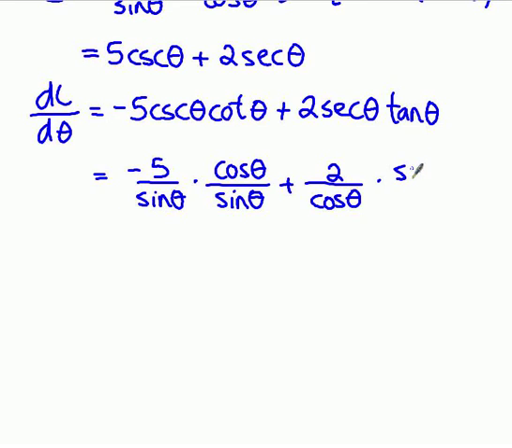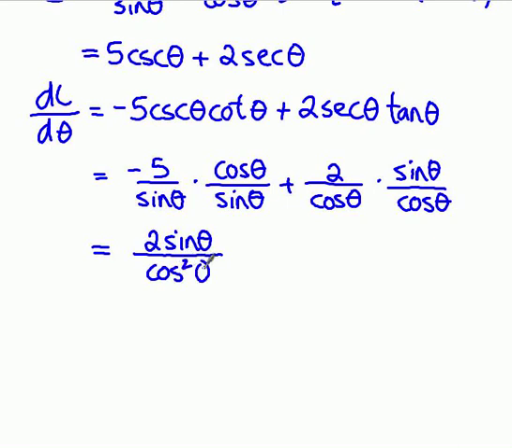And tangent, I'm going to write as sine over cosine. And now I've got everything in terms of the more familiar sines and cosines. And I could put this together a bit. I'm going to write the positive one first. So I've got here 2 sine theta over cos squared theta and minus 5 cos theta over sine squared theta.